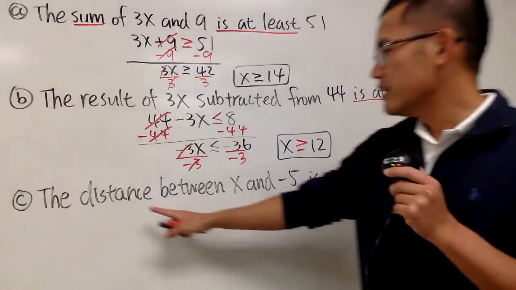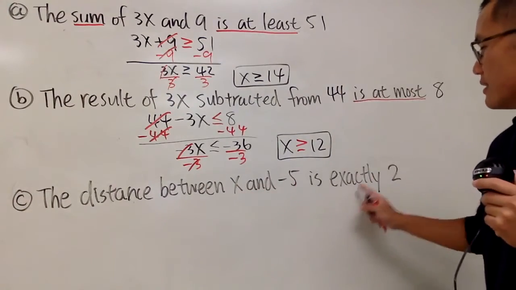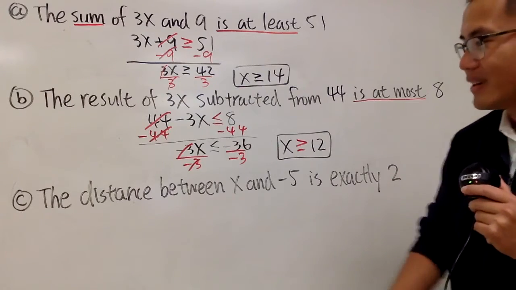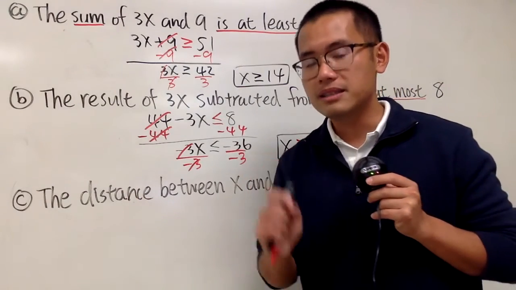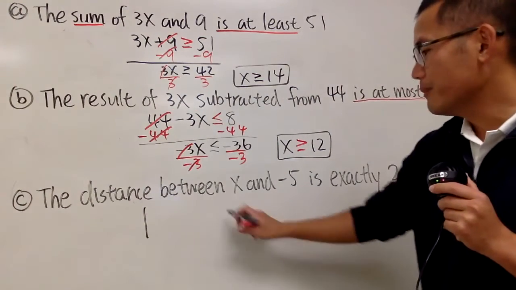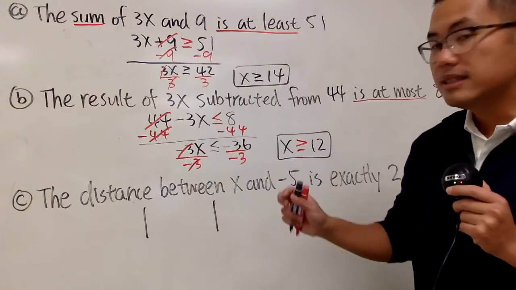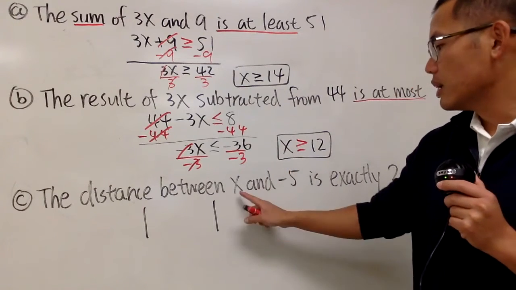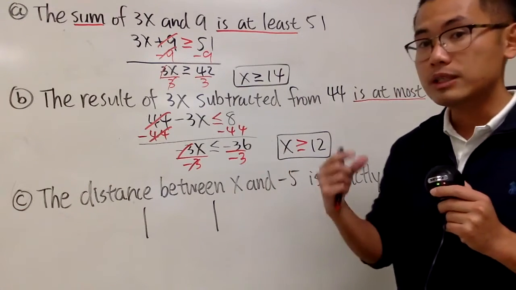Lastly, it says the distance between x and negative 5 is exactly 2. So here is the key word, distance. We have to use absolute value for this. So go ahead and do the absolute value. And to find the distance between two numbers, x and negative 5, what we do is we subtract it.